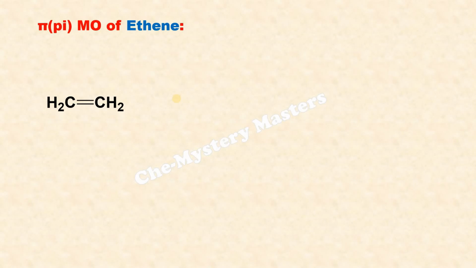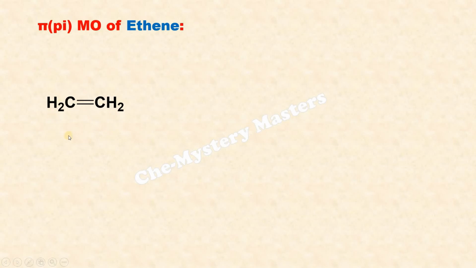This double bond is associated with these two carbons. So these two carbons, or their orbitals, will go into the pericyclic reaction, or rather the electrons present in the orbitals of these two carbons will be responsible for the pericyclic reaction.